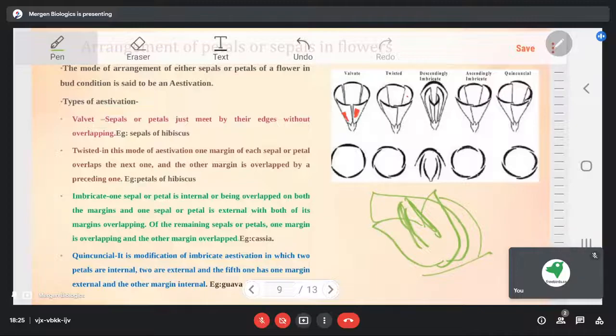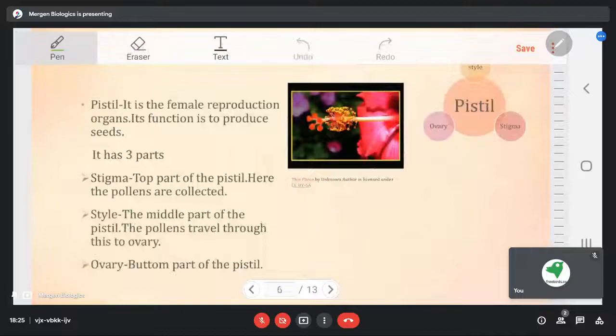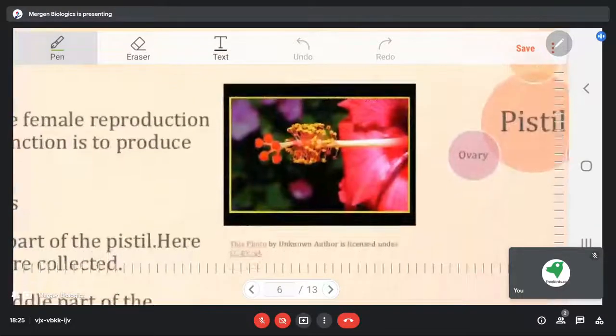As you can see, let me go back to this slide. Here you can see all these stigmas are independent of each other, but they fuse to form one style and one ovary. So this whole condition is known as syncarpous. In case of apocarpous, they are individual of each other.